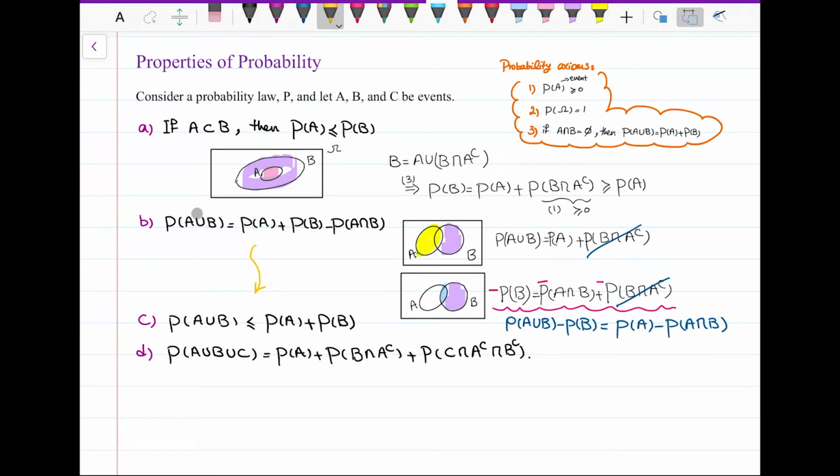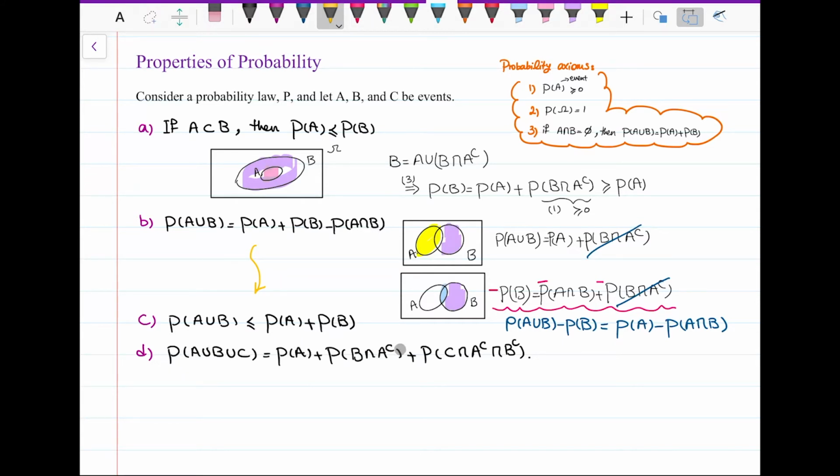So this part in here is greater than this part because P of A union B is this number minus a positive number. So basically I subtract something from A plus B to get that.